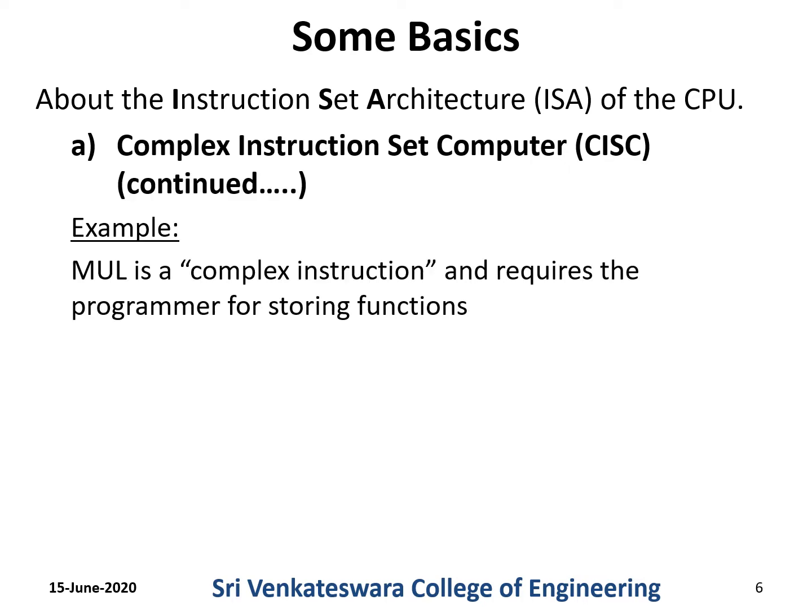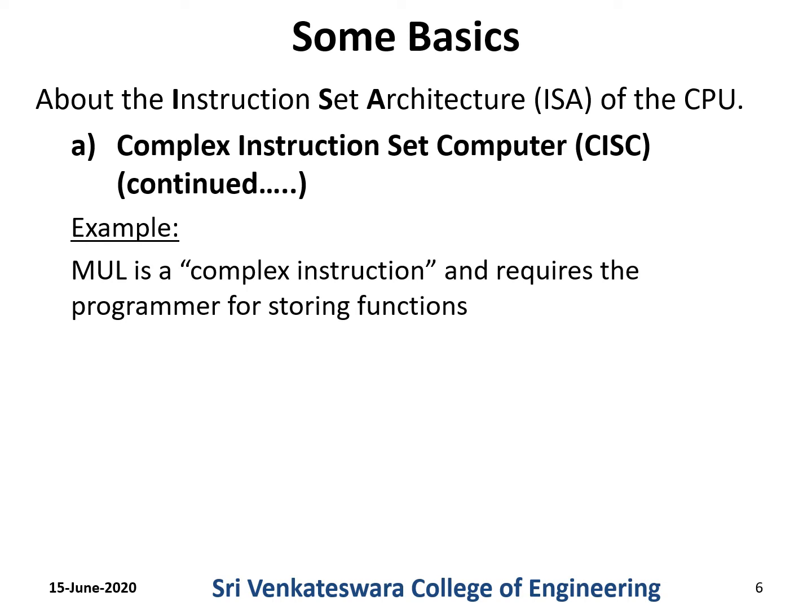To understand the complexity nature of the CISC CPUs, consider the MUL instruction. Depending on the addressing mode of the MUL instruction, the operand may be an immediate operand residing in the instruction itself, or the operand may be residing in a register or in a memory location. Once this MUL instruction is executed, operands will be fetched from the register or memory location.